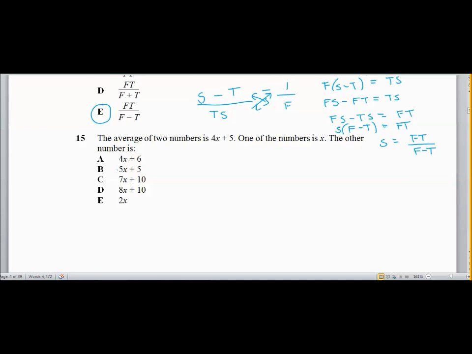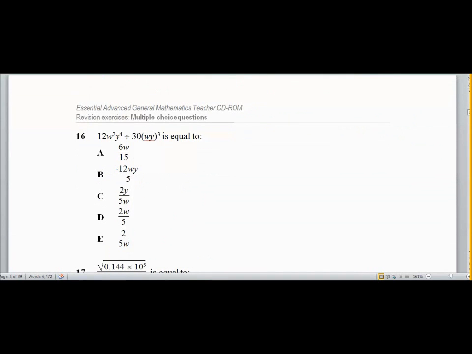Question 16 I'm going to do now of this revision sheet. You'll probably have a question like this on the exam. It's not going to be full of them. It's considered prior required knowledge. So we've got 12w squared y to the power of 4 divided by 30w y to the power of 3. So remember, if we have anything to the power in brackets, then we just multiply the powers.